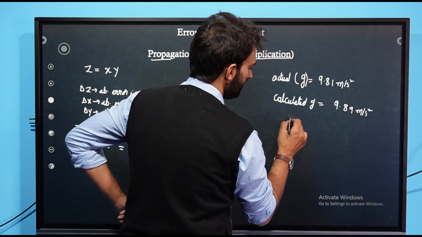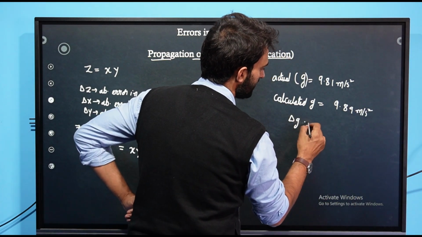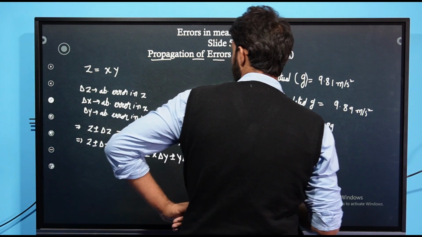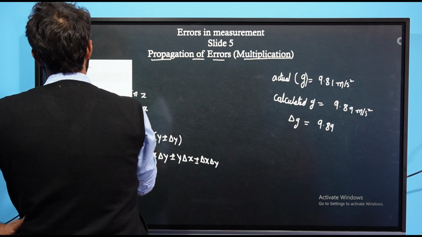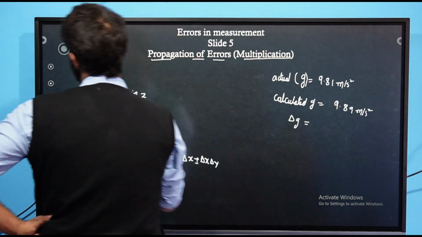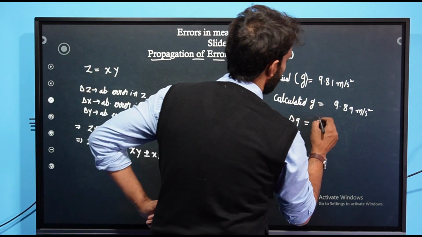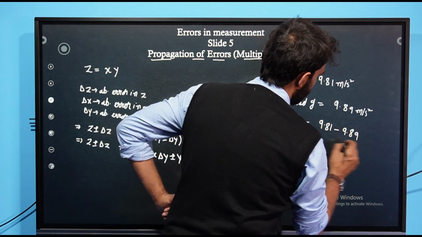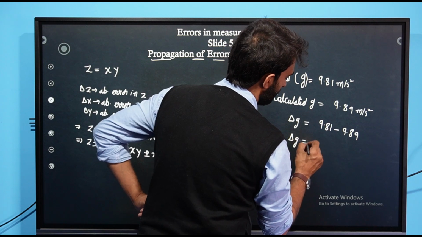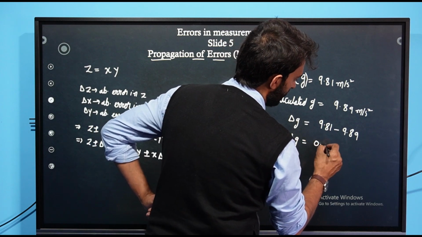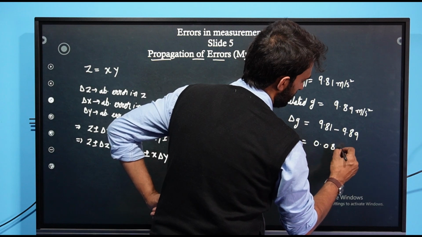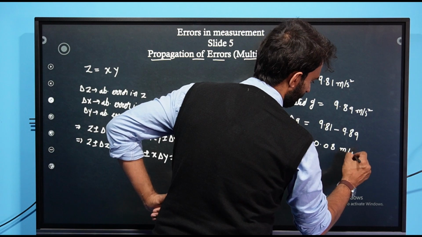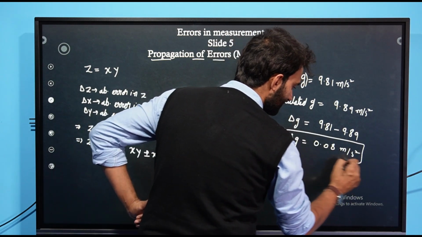So what's the error over here? The error delta g is, actually, true value minus calculated value, so true value is 9.81 minus 9.89, so that means the delta g value is 0.08 meter per second square.